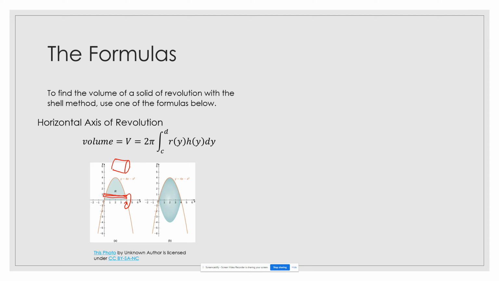In order to find the volume of this, we need to find the circumference, and the circumference is 2 pi r. So here's the 2 pi r piece of that. You will see that this is in terms of y, because the width is in terms of y. That's going to be dy, and you're going to see that there. So that's the width. This piece is the circumference, this piece is the width, and then this is the height.